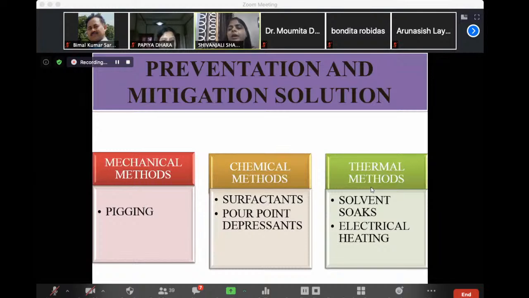And in the last one, we have thermal methods, where we are applying temperature so that the wax remains soluble within the crude oil, either by using a solvent or by electrical heating. We'll also see in the further slides why the chemical method is better, why flow improvers are better, if there are three categories to solve the problem, why chemical is the best one.